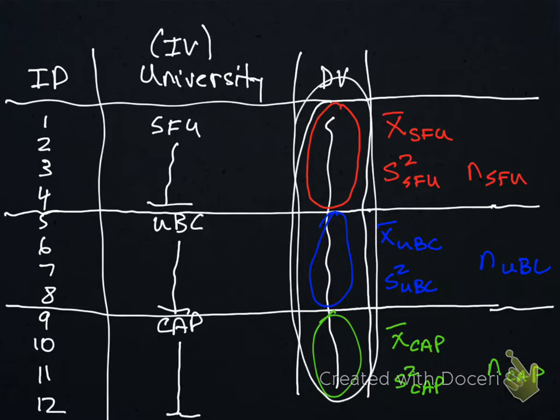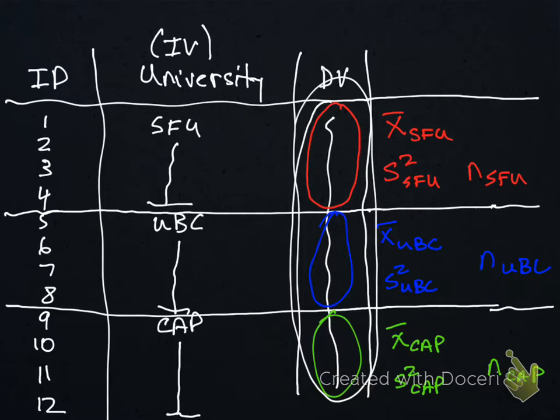I should note, in the first scenario, when we treat these things as separate, SFU separate from UBC, separate from CAP, we're making an assumption that those separate groups each come from their own population, just like we did with an independent samples t-test, when we said because we treat these groups as independent, we have to assume that they're coming from 2 independent populations. And we noticed when we did the t-test that we didn't distill or combine information about those 2 groups until we calculated that test statistic.